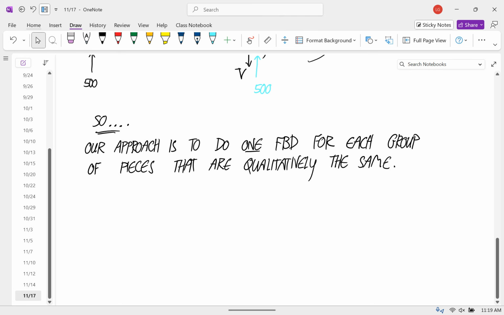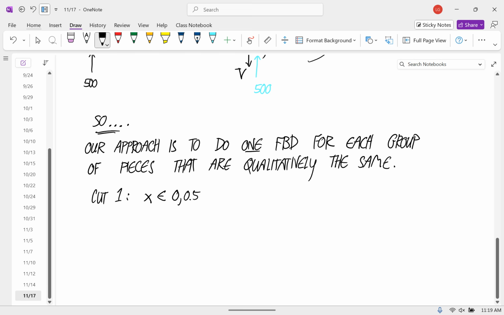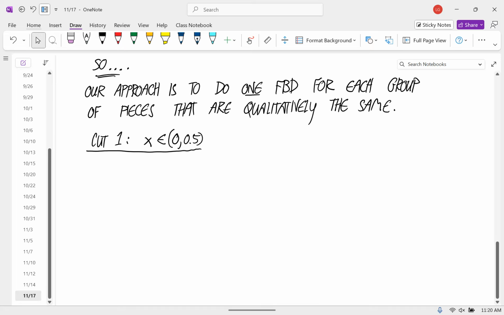So our cut 1 is going to be valid for all x's between 0 and 0.5. You guys all seen this interval notation? So this is saying this is only valid for x's between 0 and 0.5.